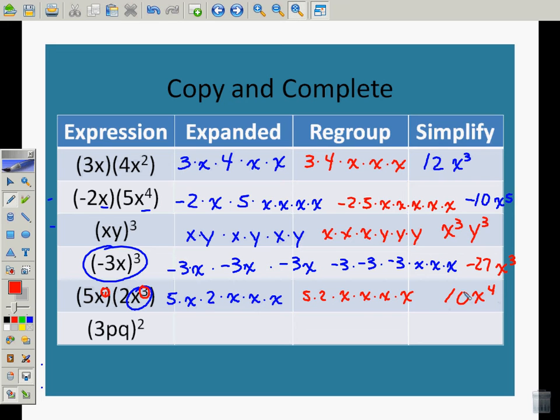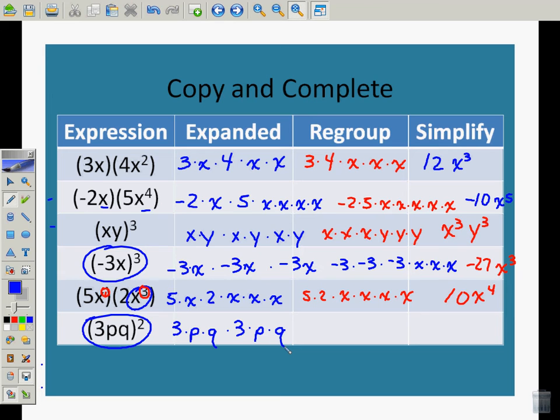Okay? Down here at the bottom, notice we're on the outside of the parentheses now. And so it's the whole thing raised to the second power. So I've got 3 times p times q, which is what 3pq actually means, times 3 times p times q. And so that's a case where we're squaring the whole thing because it's outside the parentheses.